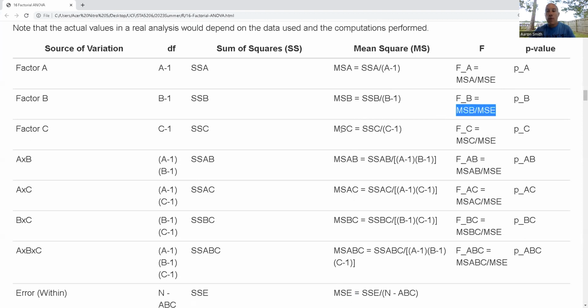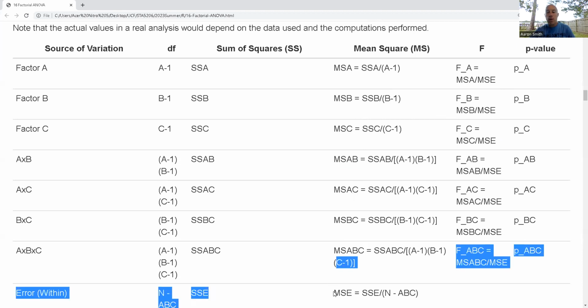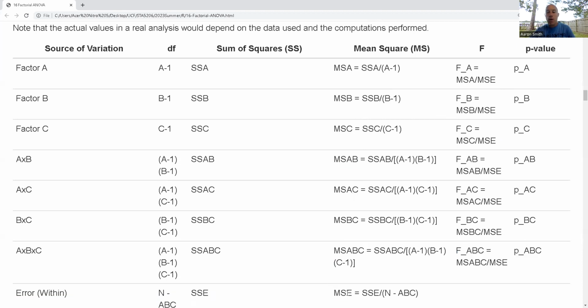Boom. Mean square C divided by mean squared error. Boom. Now, mean square pairwise interaction divided by mean square error. I get this. And I just keep on going through and doing this, and you see it happens a lot. So I get a stack of F statistics.